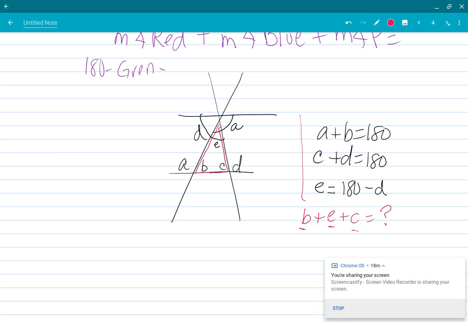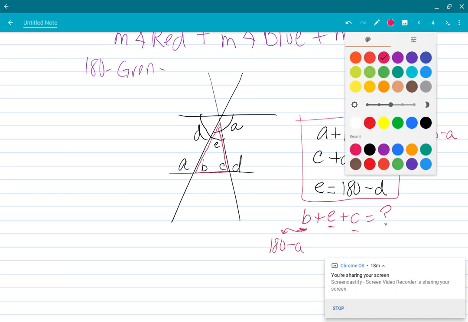Where do you see B? The first. But we need to get B by itself, right? If you subtract A from both sides, B equals 180 minus A. So you're going to replace this with 180 minus A.